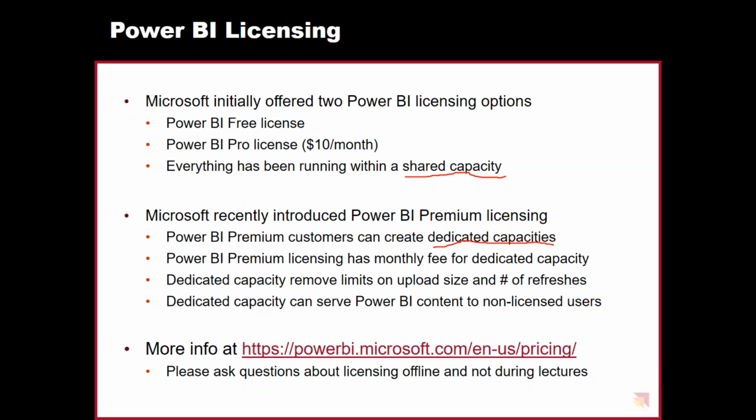So what Microsoft has figured out is if they can basically have companies pay for the capacity, and then whether a company can get 1,000 users or 10,000 users out of that, that's great. And if they get a capacity and they get 1,000 users and it works great, and then their user base grows to 5,000 and things are slowing down, they basically just need to spend more on their dedicated capacity. Okay, so that's the big change that we have, is this idea of dedicated capacities.